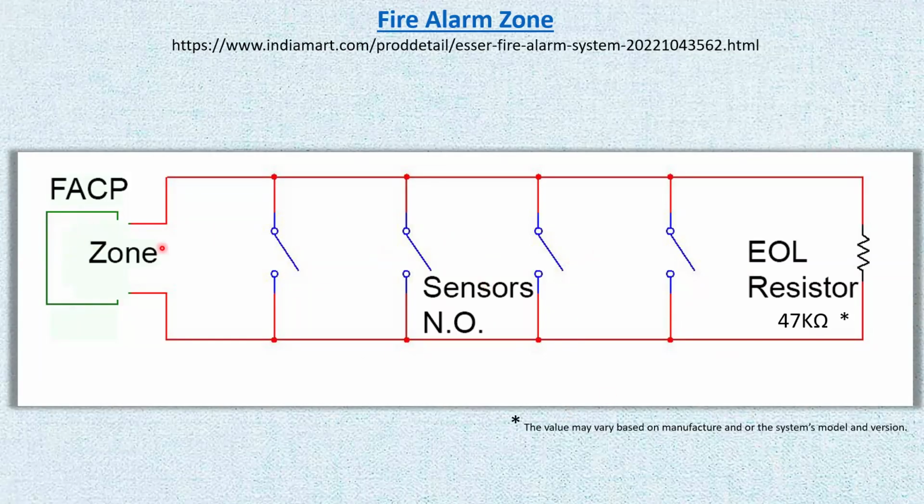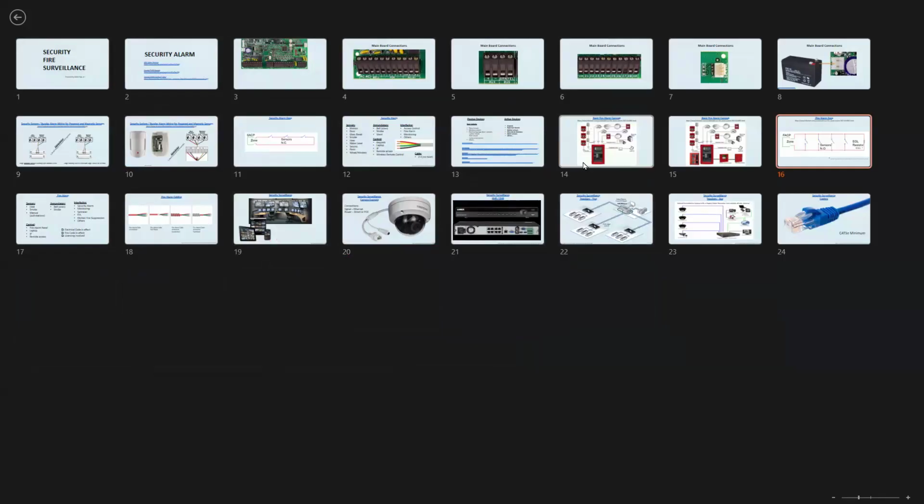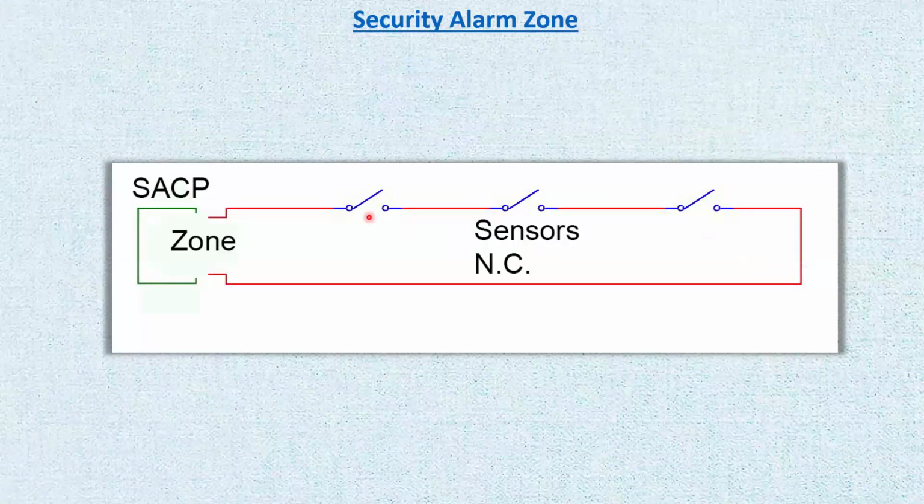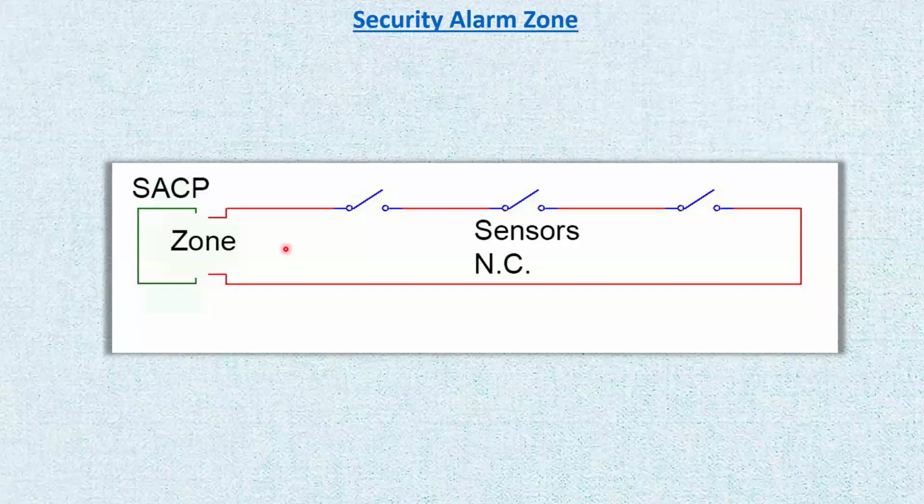So the fire alarm contact points zone, they are normally open, and when they trigger, boom. So in this case, if you are installing a security alarm and you decide to connect a smoke detector, then that zone becomes just like a fire alarm.